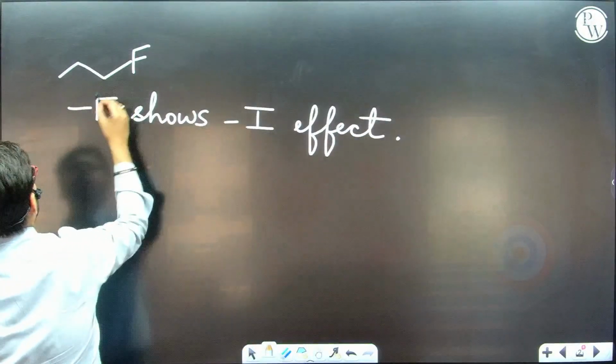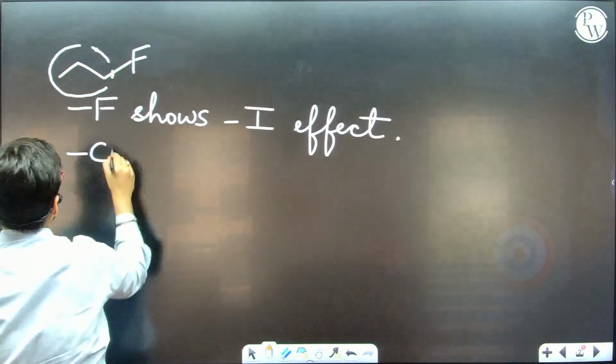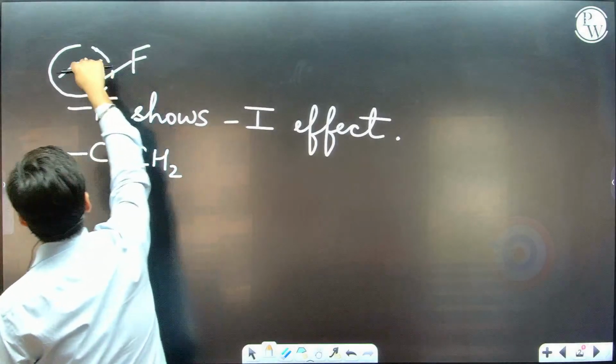Then this portion is showing plus I effect. This portion is what? CH2, CH2, CH3.